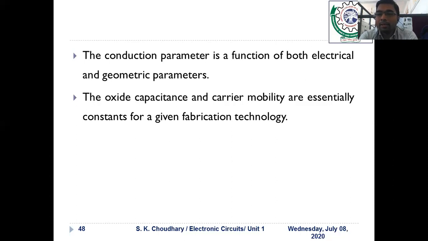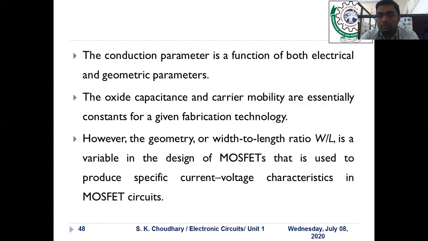So what are the variable terms here? The variable terms are the geometrical parameters, that is the W by L ratio. The width to length ratio is a very important parameter responsible for deciding the current voltage characteristics of the MOSFET circuit, because it does not remain constant; it changes according to the requirement.